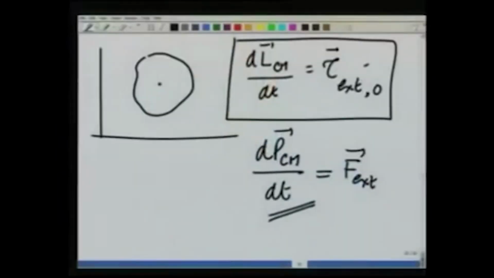These two equations are sufficient to describe the entire motion of the body, in that how it is translating is given by this, and how it is changing its orientation is given by this.